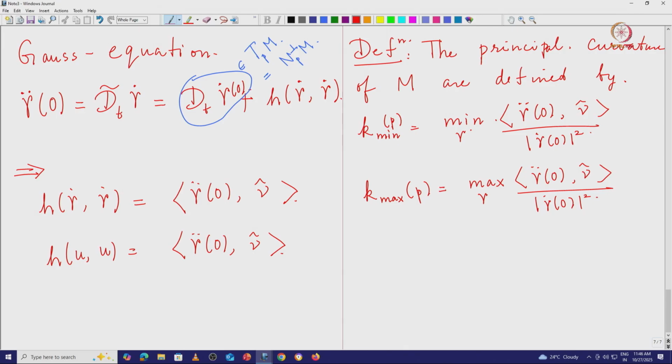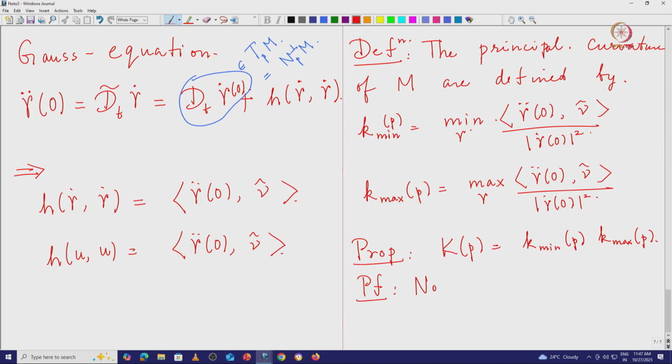Okay, then the key proposition is that the Gauss curvature is given precisely by the product of these two. So this provides a great practical way of actually calculating the Gauss curvature. The proof is simple linear algebra essentially.